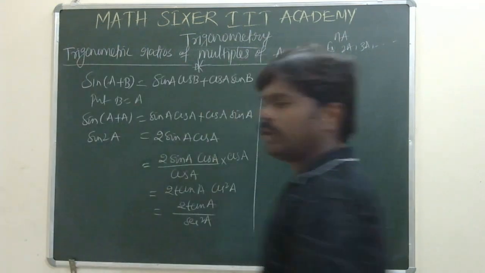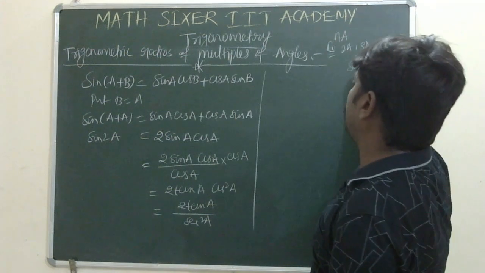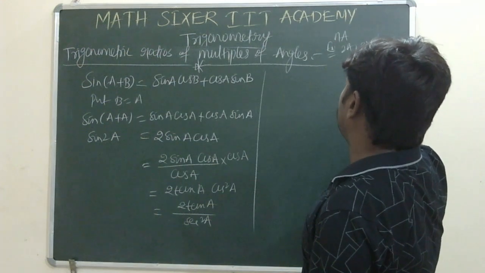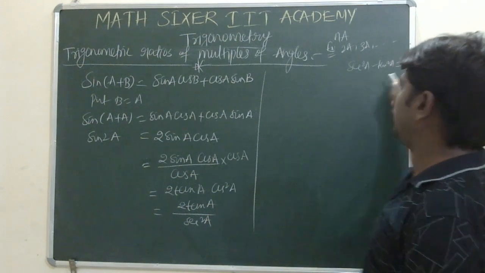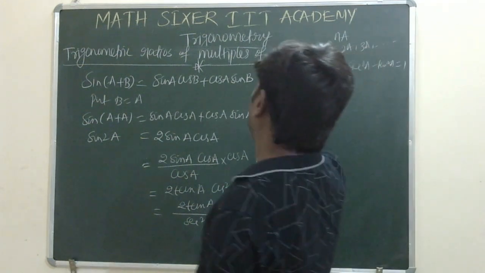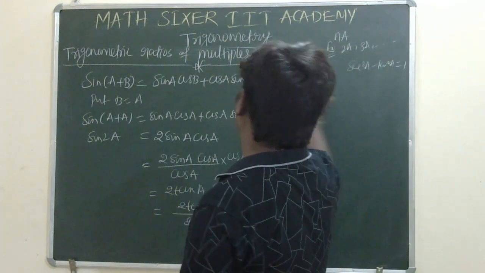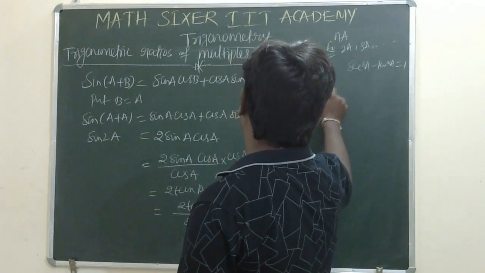We have one identity: secant square A minus tan square A is equal to 1. So secant square A can be written as 1 plus tan square A. That means 2 tan A by 1 plus tan square A.